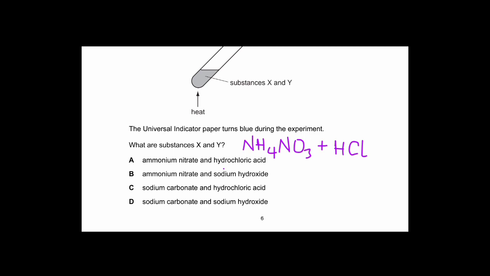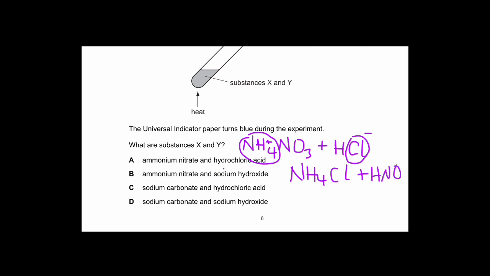From the reaction, we understand that ammonium is the only existing radical with a positive charge, so we have a positive there, which will react with a negative halogen, chlorine there, to form ammonium chloride plus nitric acid.